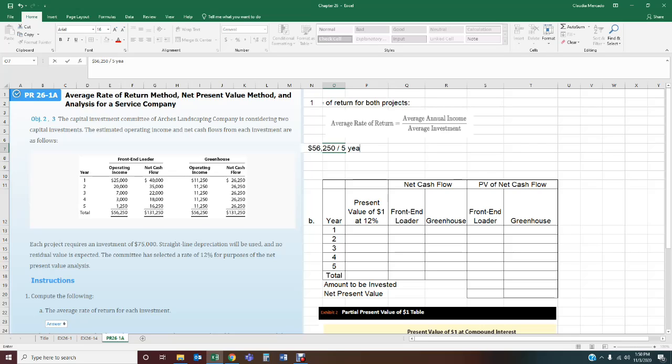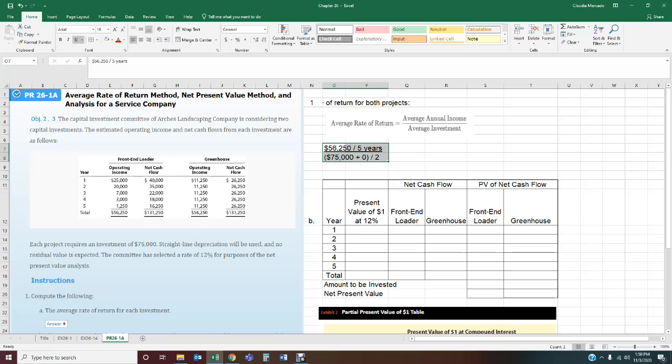These are for 5 years. And then I'm going to divide that by my average investment. For my average investment, my investment amount for both projects is $75,000. I'm going to add my residual value. In this case, my residual value was 0. And then I'm going to divide by 2.